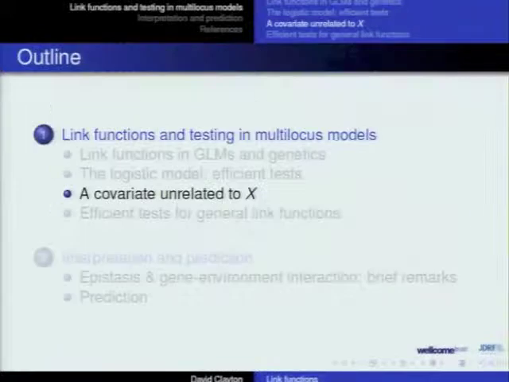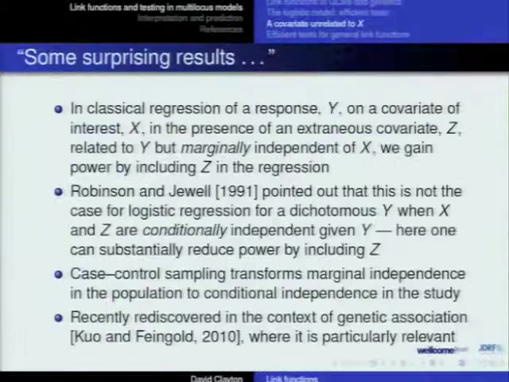Now, quite early on, this rather interesting paper turned out by Robinson and Jewell, and the term "some surprising results" was taken from the title of that paper.